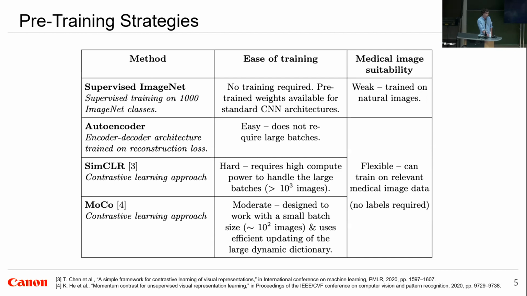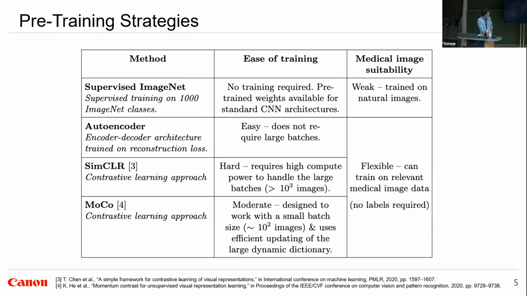The top is the supervised ImageNet pre-training weights, which are commonly used for CNN architectures, and are easy to find already available for most of the classic networks. But the problem is that they're trained on natural images and not on medical images.